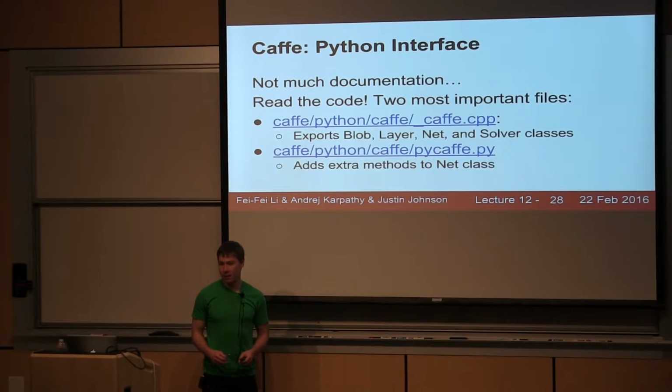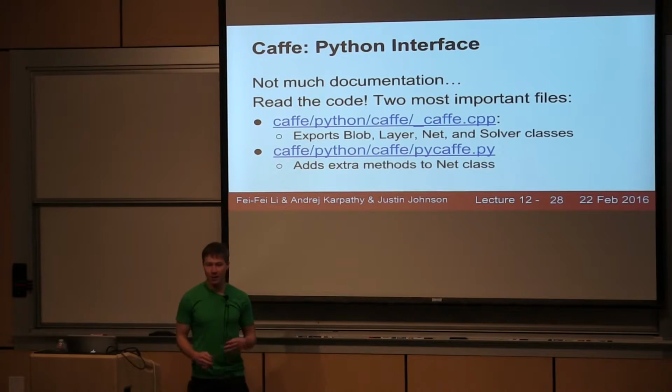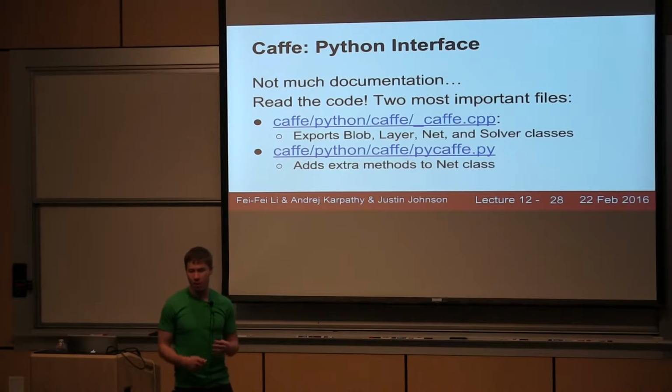Caffe has a Python interface, like I mentioned. Since there's so many things to cover, I don't think I can dive into detail here. But as is kind of par for the course in Caffe, there's not really great documentation about the Python interface, so you need to read the code. And the Python interface for Caffe is mostly defined in these two files.